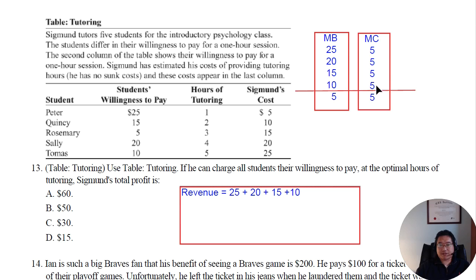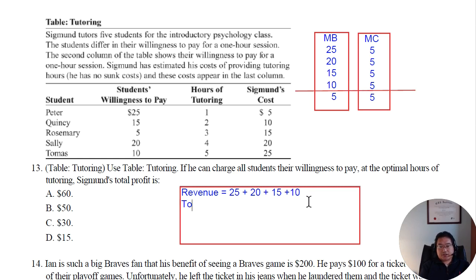This one, the $5 marginal cost is less than the $10 marginal benefit. He can get a net benefit of $10, or net marginal benefit of $5. Right? Sigmund can get a marginal net benefit of $5, 10 minus 5. Right? That increased the total net benefit.